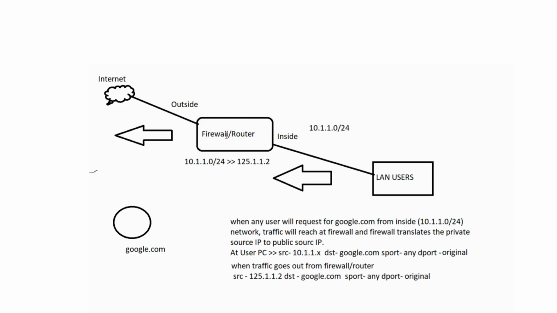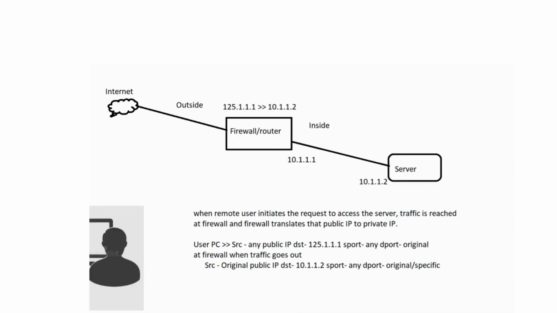So we come on the destination NAT also. So destination NAT. So let's suppose you have a firewall with the internet connection, and in your LAN side you have a server in the private network. So you want to make it accessible over the internet.